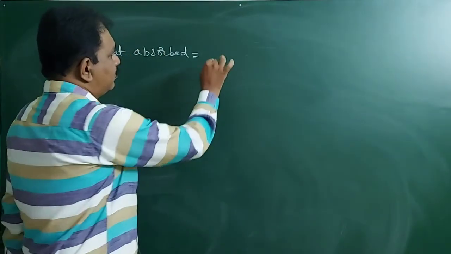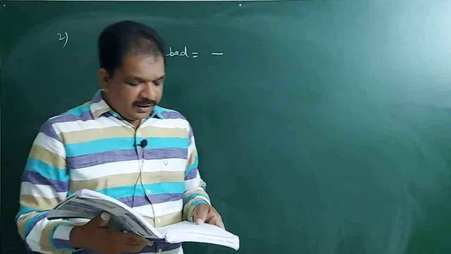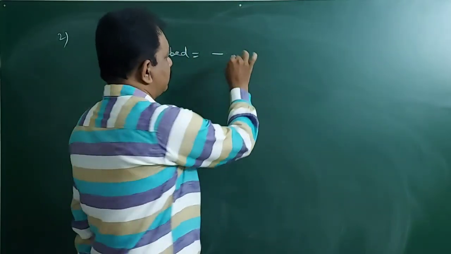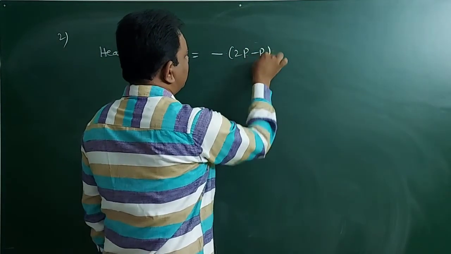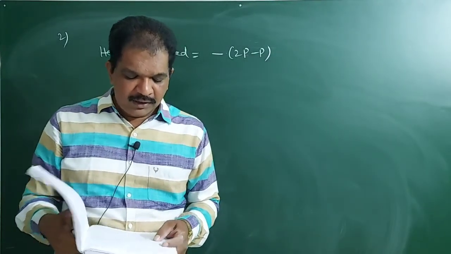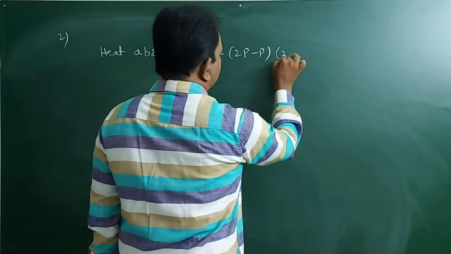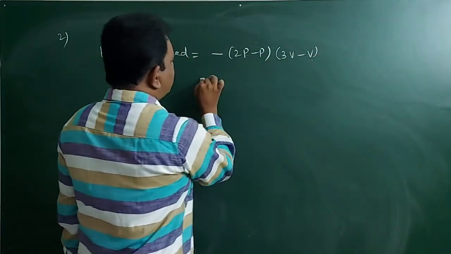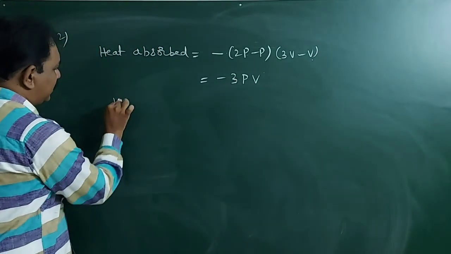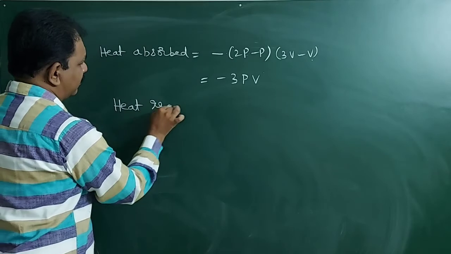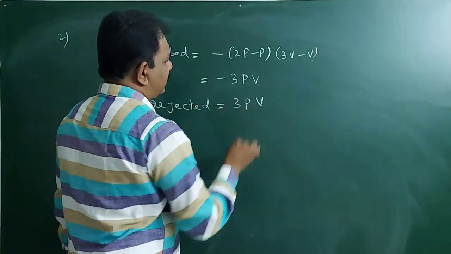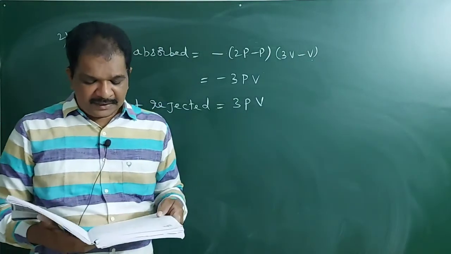Anti-clockwise, so minus. Change in the pressure will be 2P minus P. Change in the volume will be 3V minus V. So minus 3PV. Then heat rejected will be equal to plus, that becomes 3PV.